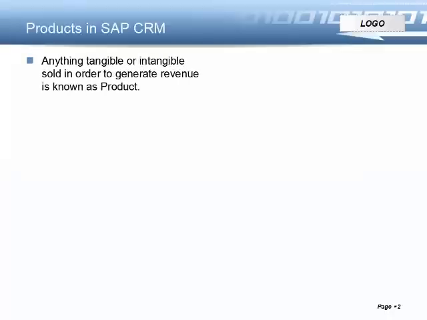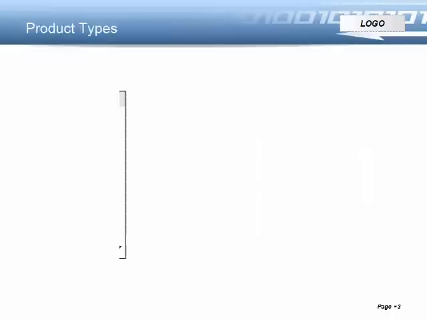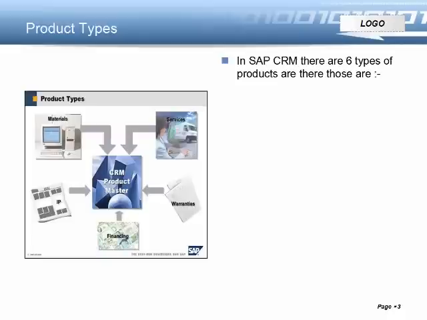So we have covered products so far. We have defined products in the SAP CRM system, and we have also seen what the different types of product are. Now what we will do is log into our screen and try to create a product of type material in GUI or web UI, wherever you like to create.